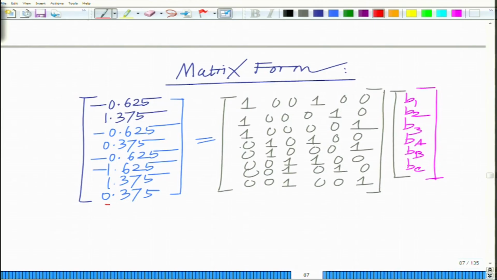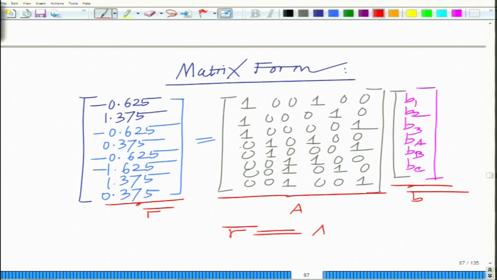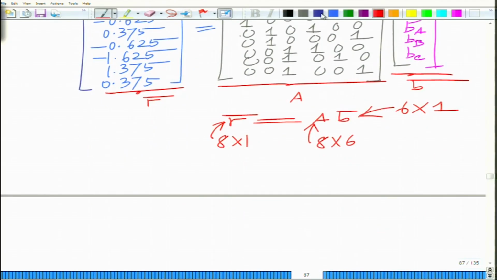Now you have this vector R bar, this matrix A, and this B bar. So you have the system of equations R bar equals A times B bar. This is 8 cross 1, this is 8 cross 6. The number of equations equals 8. How many unknowns?